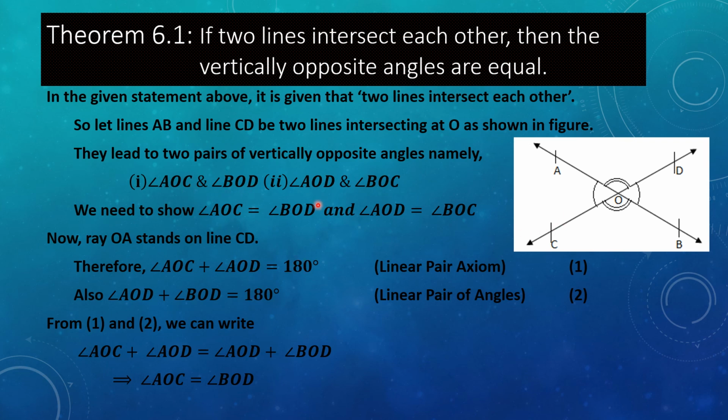Similarly, we can prove that AOD is equal to BOC by taking AOD plus DOB and DOB plus BOC. Then substituting similarly as in this equation, we can get AOD is equal to BOC.